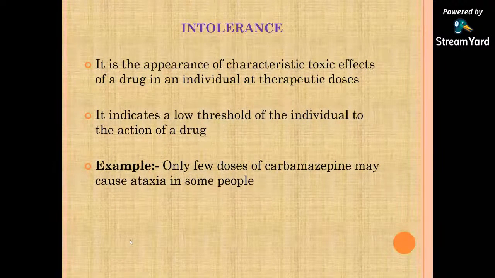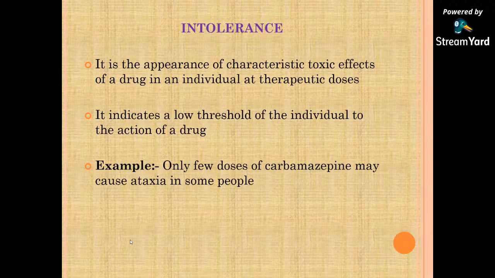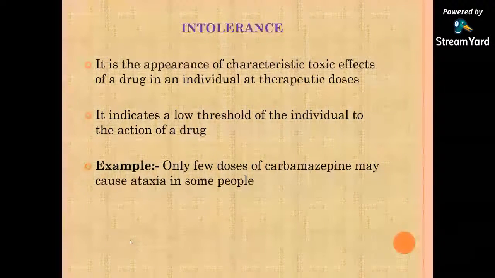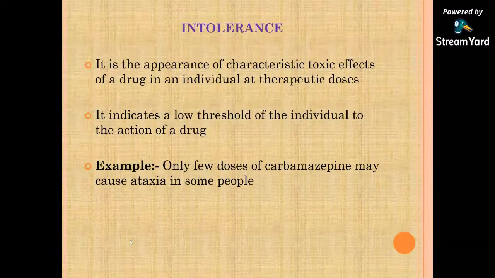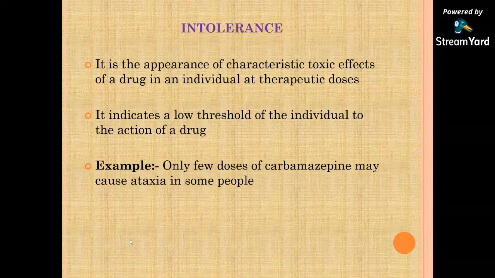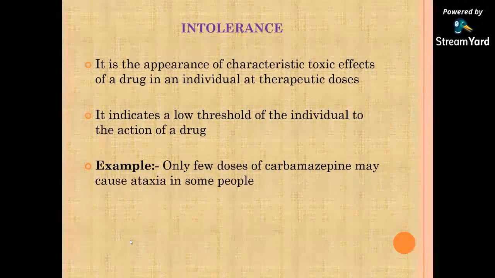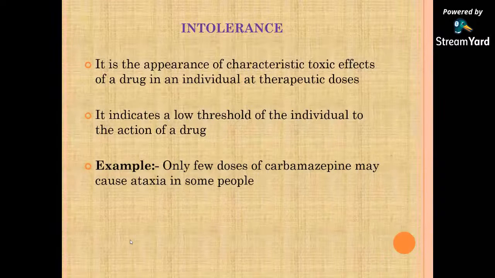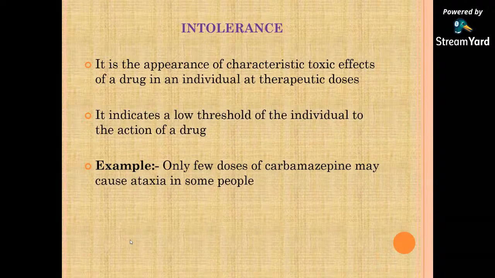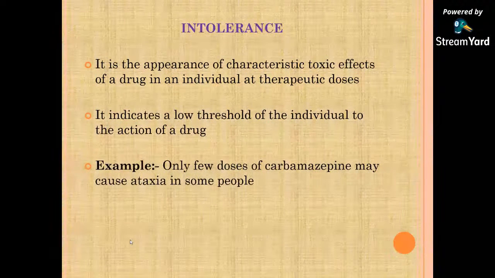Intolerance means that the characteristic toxic effect is observed at the therapeutic dose in an individual. It indicates a lower threshold of the individual to the action of the drug. An example of intolerance is that only a few doses of carbamazepine may cause ataxia in some patients.